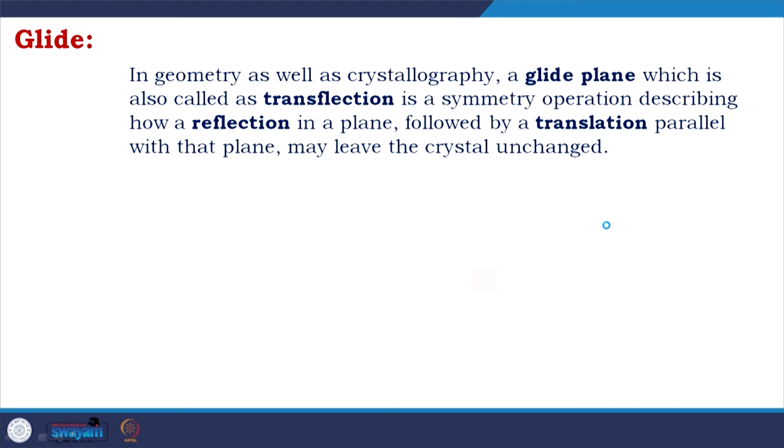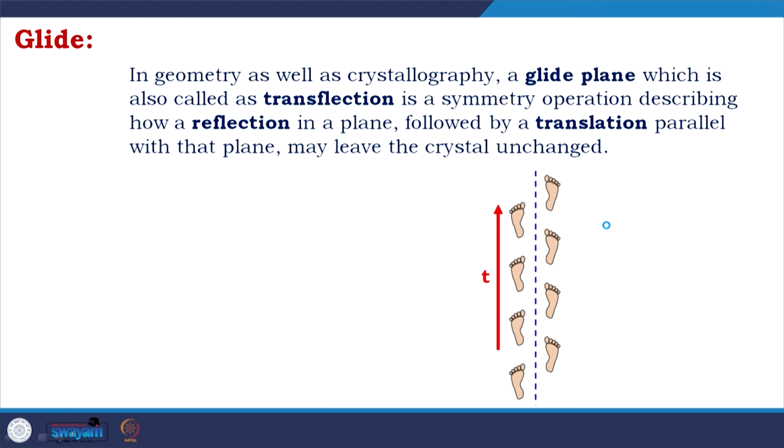So, in geometry as well as in crystallography, a glide plane, which is also called a transflection, is a symmetry operation describing how a reflection in a plane followed by a translation parallel with that plane may leave the crystal unchanged. A very good example is this, where you see that here there is a reflection.